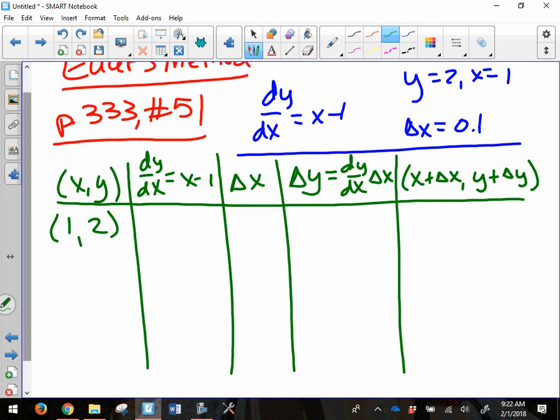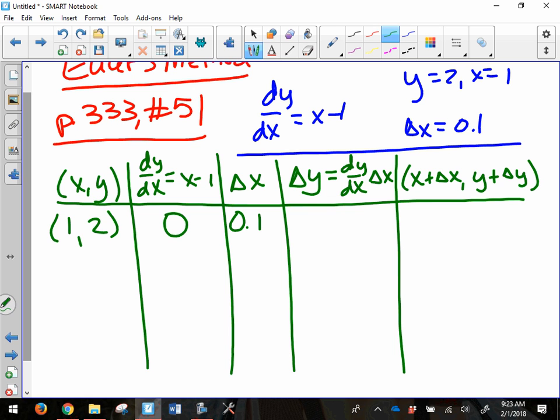So what's my slope going to be if x is equal to 1? 0. What's my delta x? 0.1. It's given. Sometimes they let you pick it, but it's given. And it will be the same for all of your values because you're just making these tiny little incremental steps.